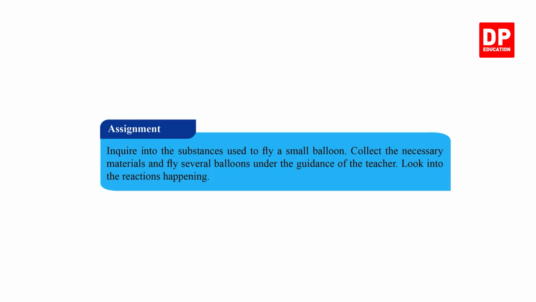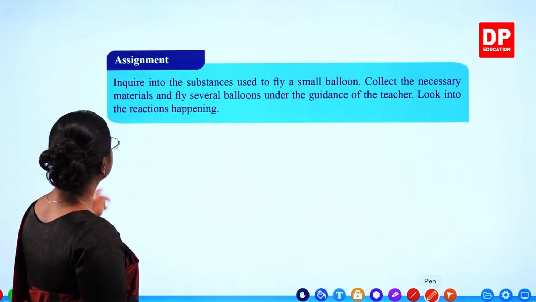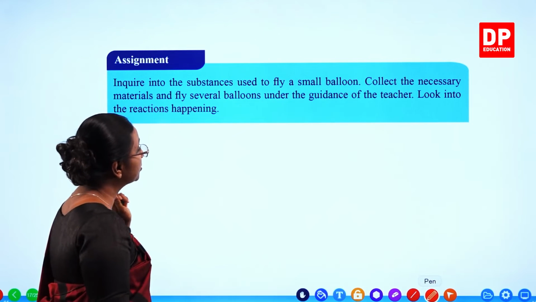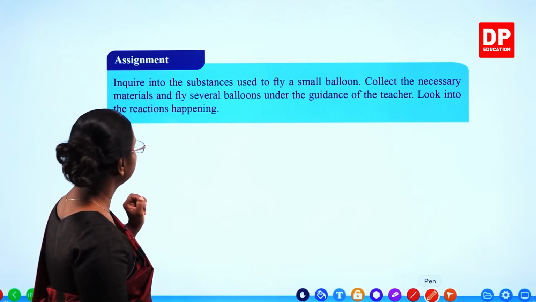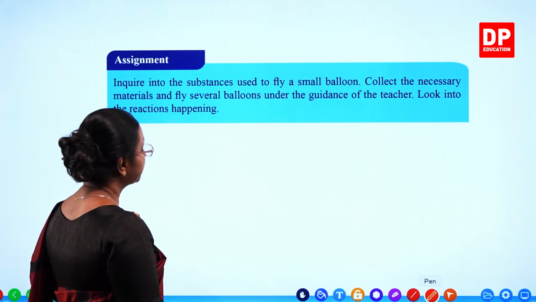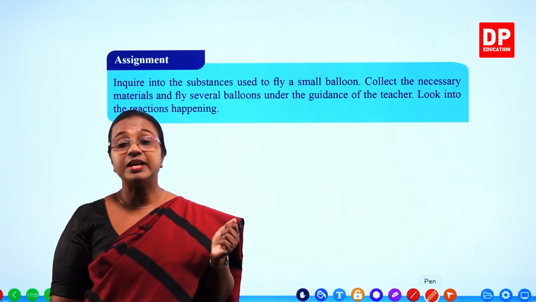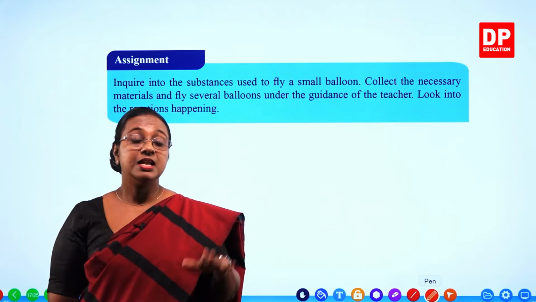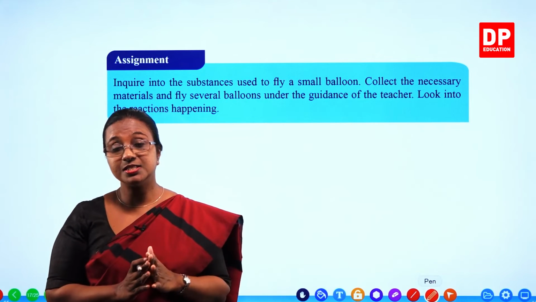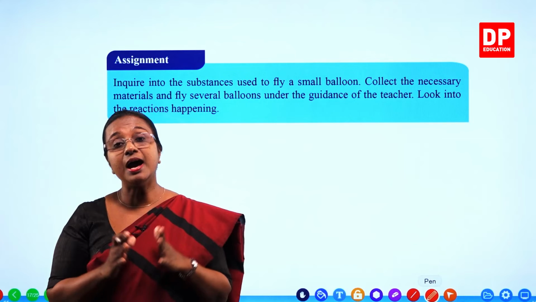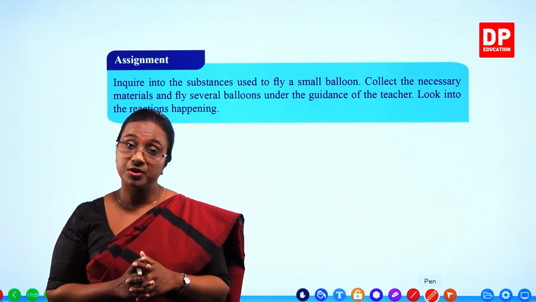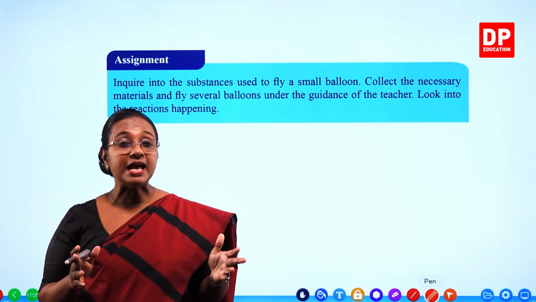So here we have an assignment. Inquire into the substances used to fly a small balloon. Collect the necessary materials and fly several balloons under the guidance of the teacher. Look into the reactions happening. So this is something that is already familiar to you all students. Now we saw a few reactions that are used to prepare hydrogen gas in the laboratory. You all can remember that.